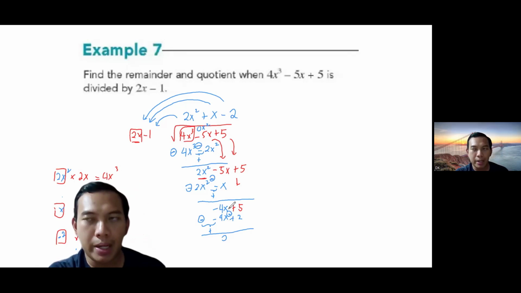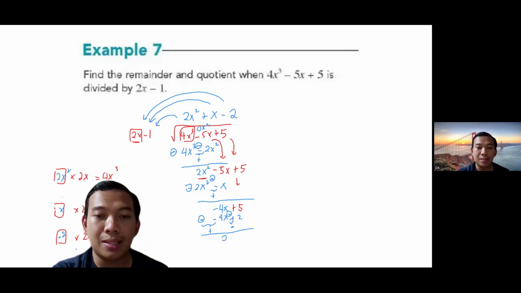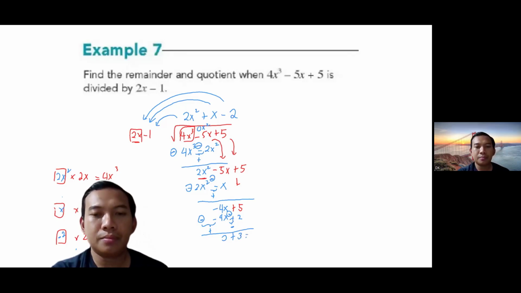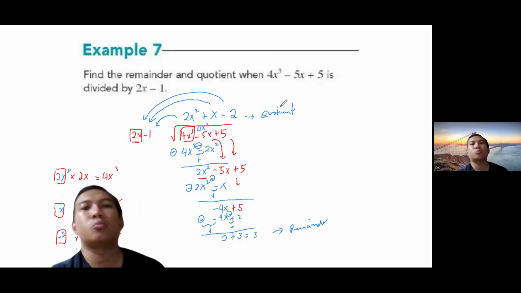So 5 minus 2, you get a positive 3. So plus 3. There we go. So in this case, the remainder is 3 and the quotient will be 2x squared plus x minus 2.